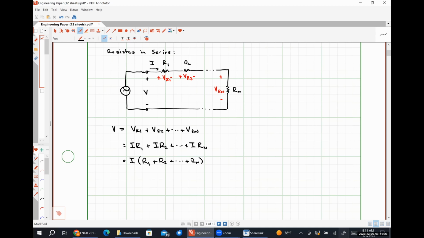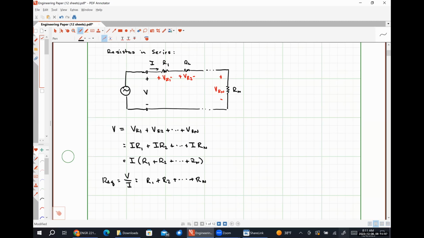And my equivalent resistance is just going to be V divided by I, or R1 plus R2 all the way out to R sub N.